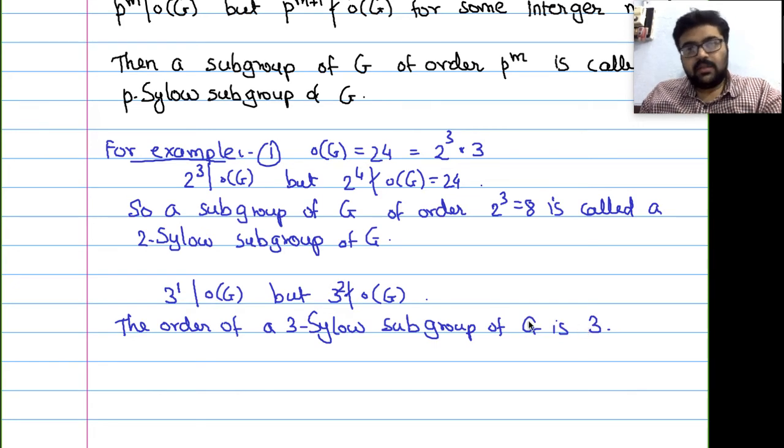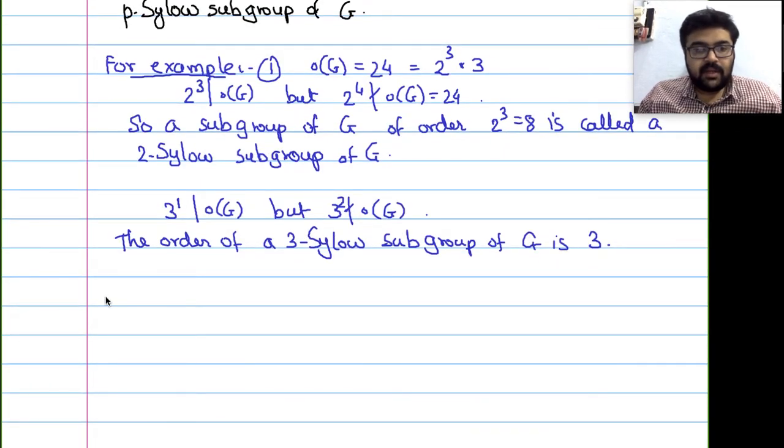If 9 divided, then we would have to check whether 27 divides or not; if 27 does not divide, then it is 9. Here 9 does not divide, but 3 divides, so it is 3. So G has only two types of Sylow subgroups. For prime p equals 2, it has a 2-Sylow subgroup, which has order 8. For prime p equals 3, it has a 3-Sylow subgroup, which has order 3.